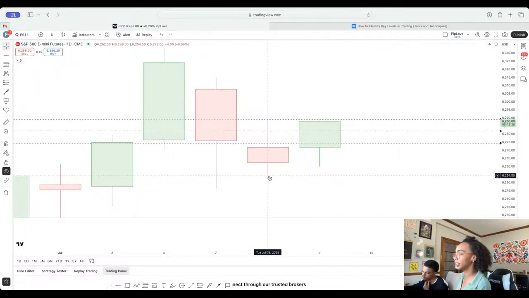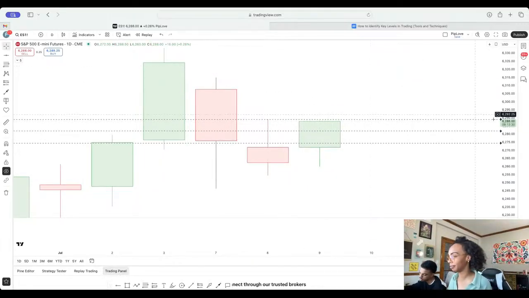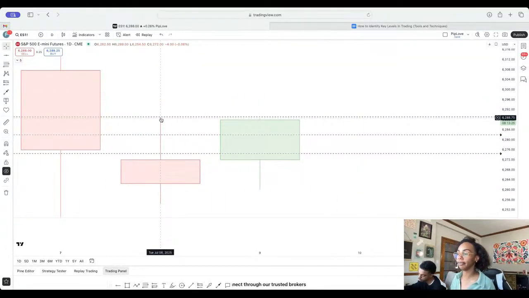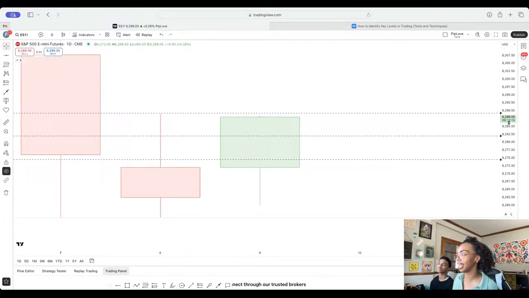Our low was 62.57, and our high is 62.88. We have not had a market structure break. MES futures has not broken our previous day high. It's very close right now.